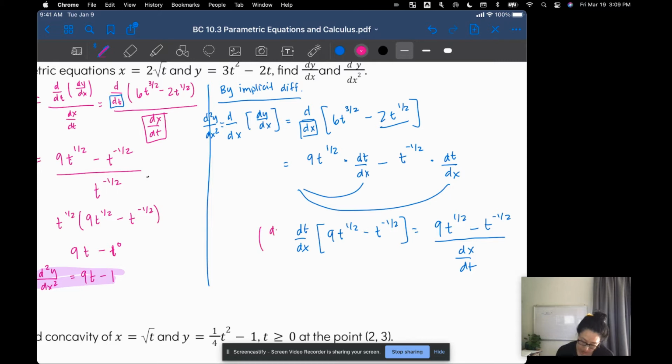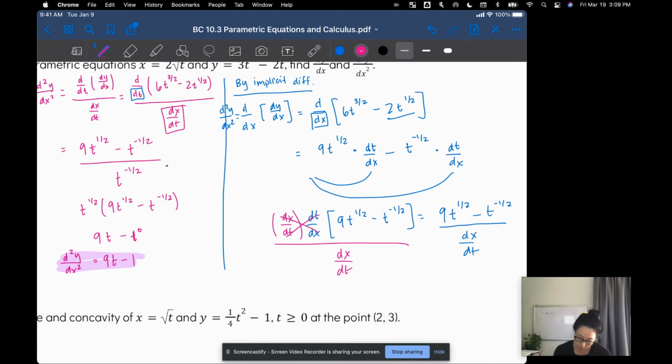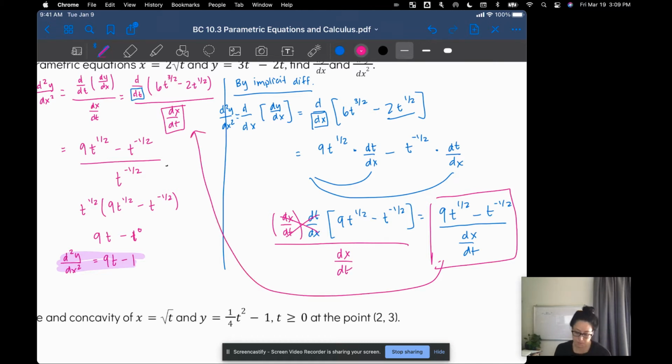What I did was multiply by dx/dt in the numerator, so that means I need to put dx/dt in the denominator to give me that term. I just moved it to the denominator but reciprocated it. So you can see here that I end up with basically the same equation as I did up here. This is how we get that dx/dt in the denominator, a proof for how we get the equation for the second derivative.